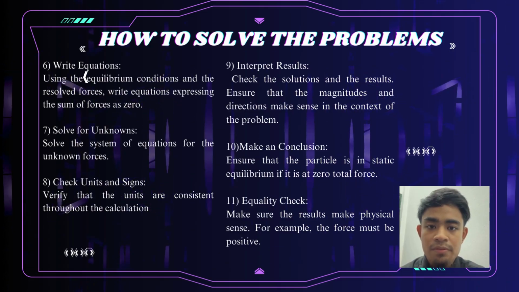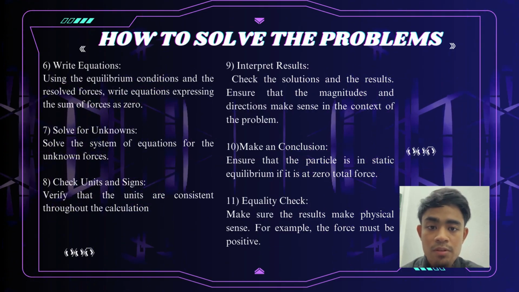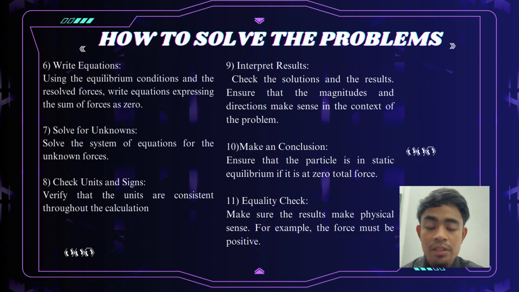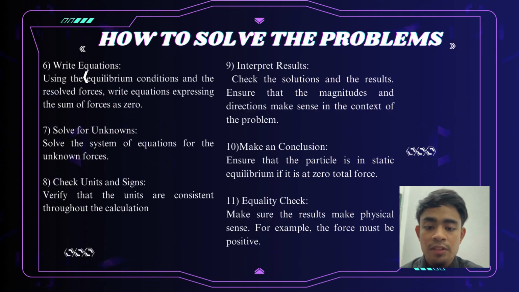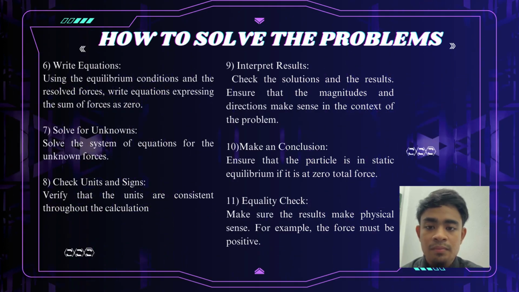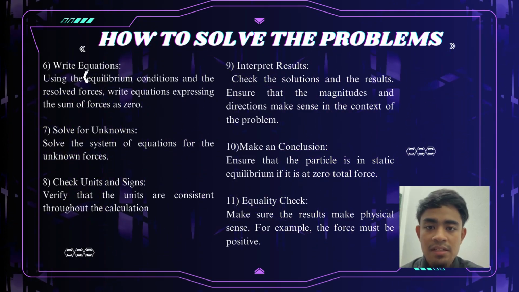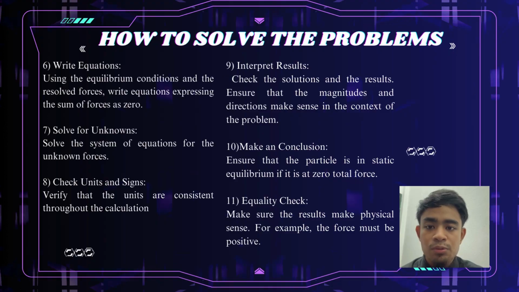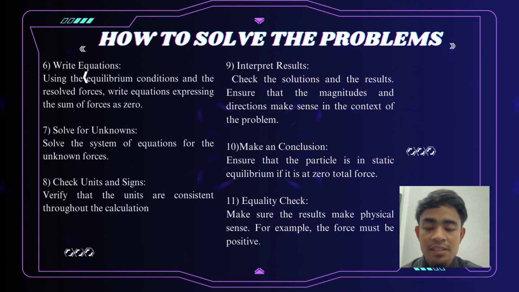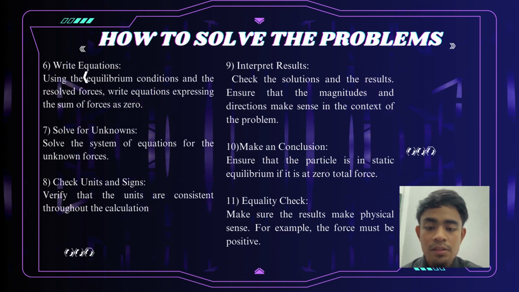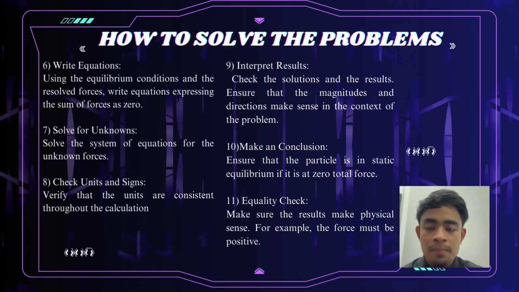Solve the system of equations for the unknown forces and watch out for the units and coordinates. For each step, we need to check the unit and the sign. Verify that the units are consistent throughout the calculation, and we must always recheck the signs and units to make sure we get an accurate answer.